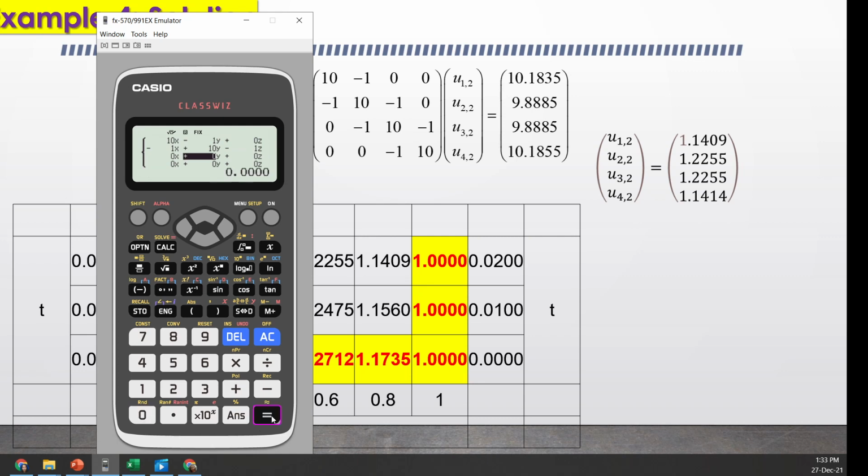Then 0, -1, 10, -1, 9.8885. Then 0, 0, -1, 10. Check back: 10.1835. The last one is 10.1835.